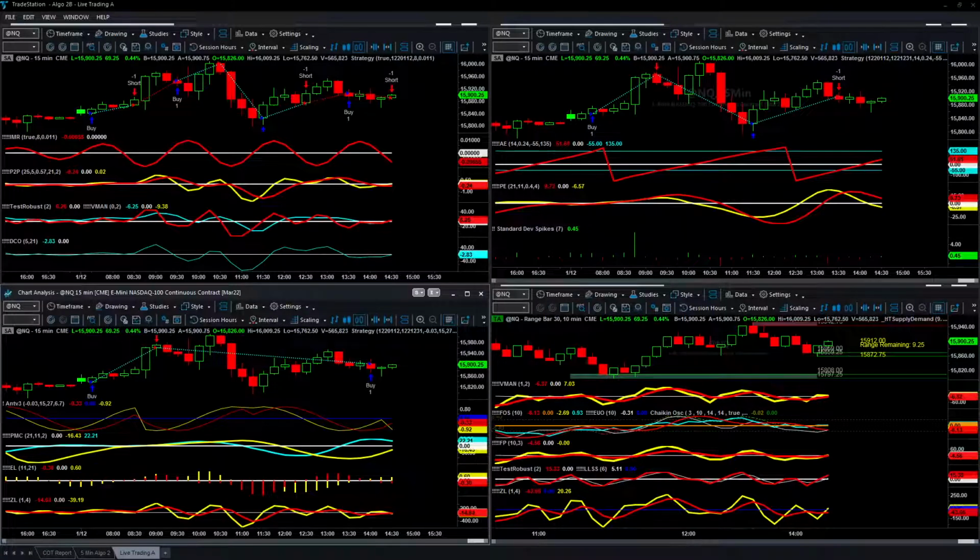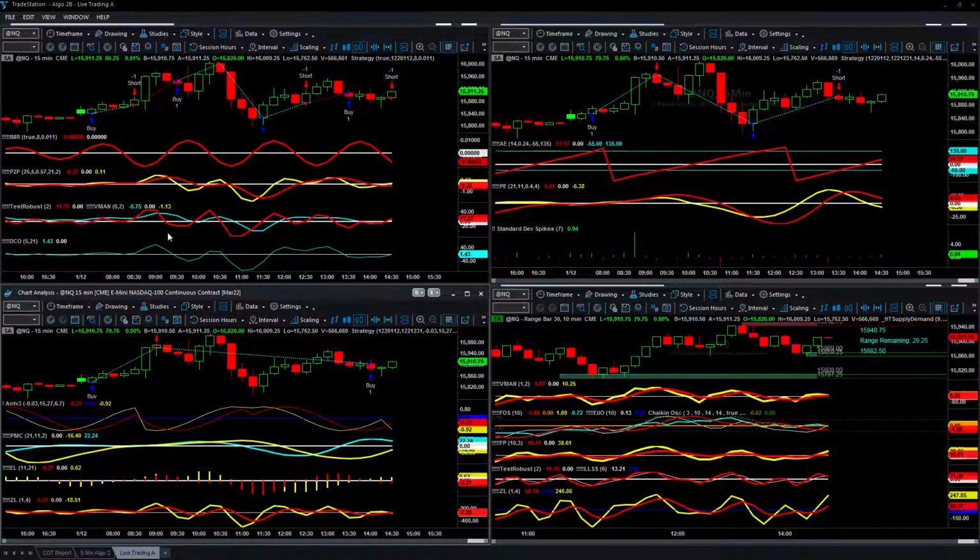Okay, guys. Yep, chop zone again. I am in the red.